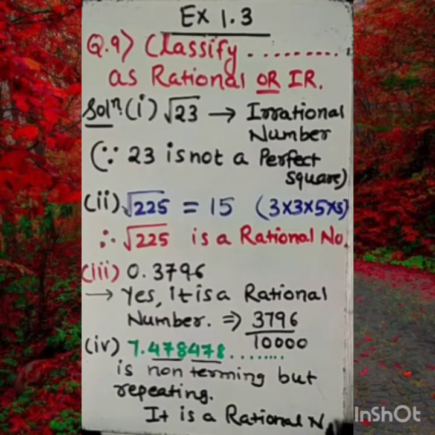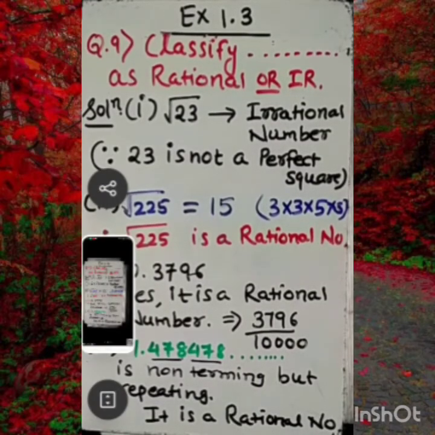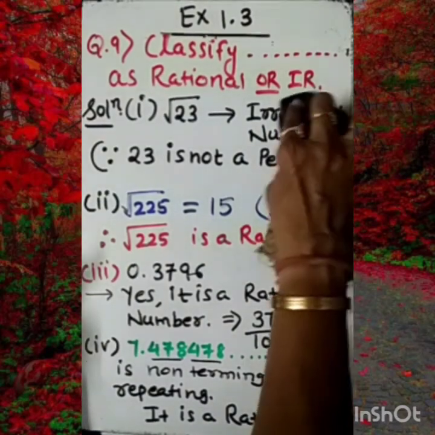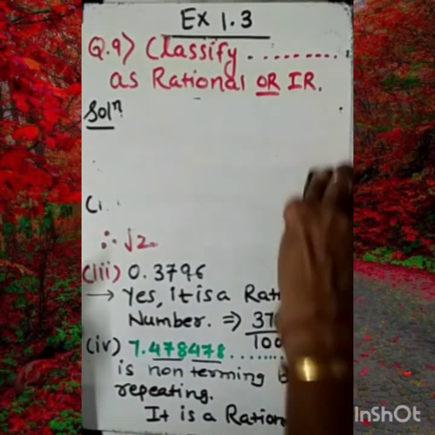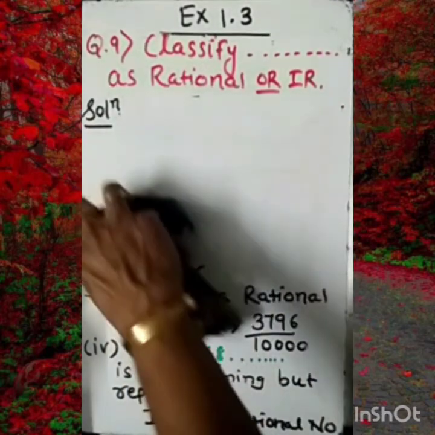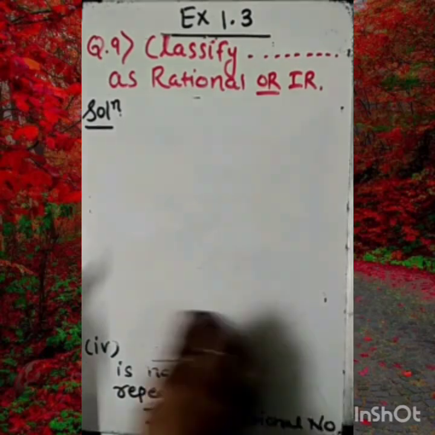Please remember this. Now, the same procedure we are going to apply for the last one. Let's see what the fifth example is. Let me write it here. I am cleaning this.